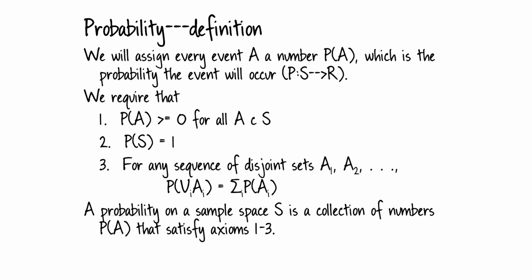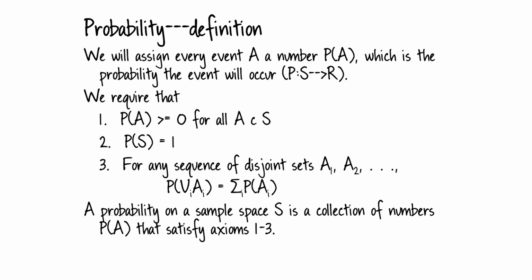We're going to require a few things of this function P of A. First of all, we require that it's greater than or equal to 0 for all events in the sample space. The second thing is that P of the entire sample space is equal to 1.